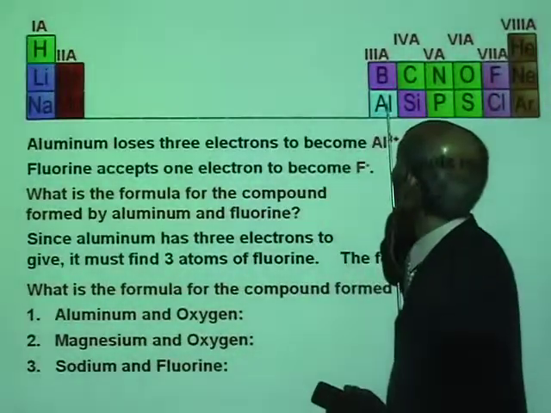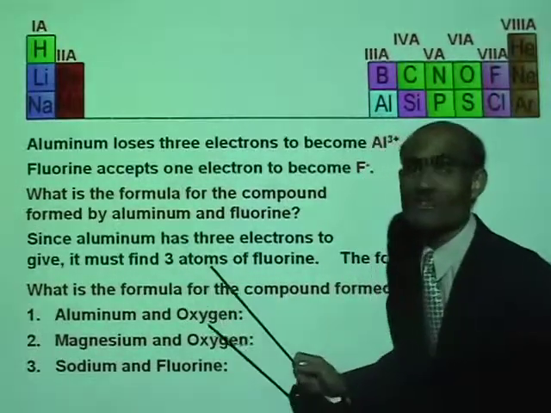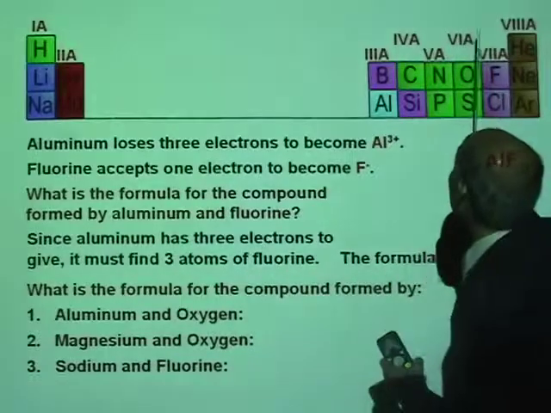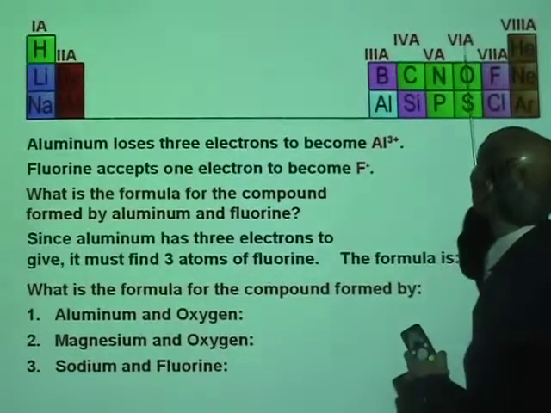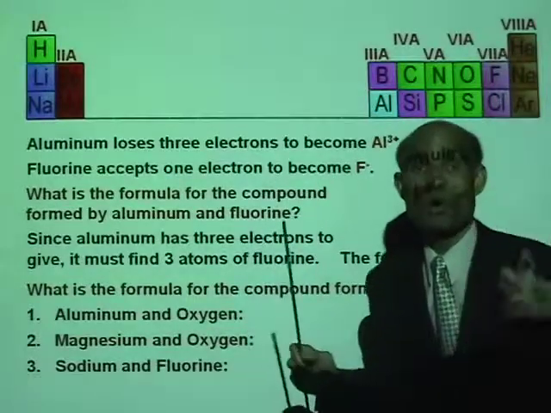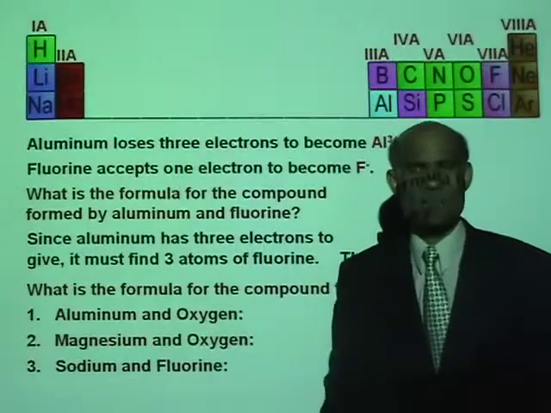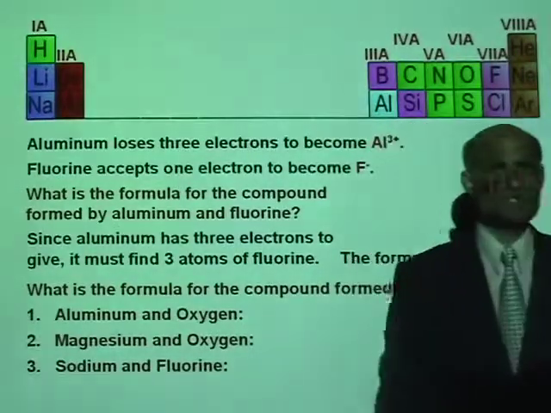Aluminum has 3 electrons to give, and how many electrons does oxygen really need? Oxygen is a group 6 element. It has 6 electrons. It needs 2 more. So, how is it going to be worked out? That's the complicated mathematics, is that right? Not much.